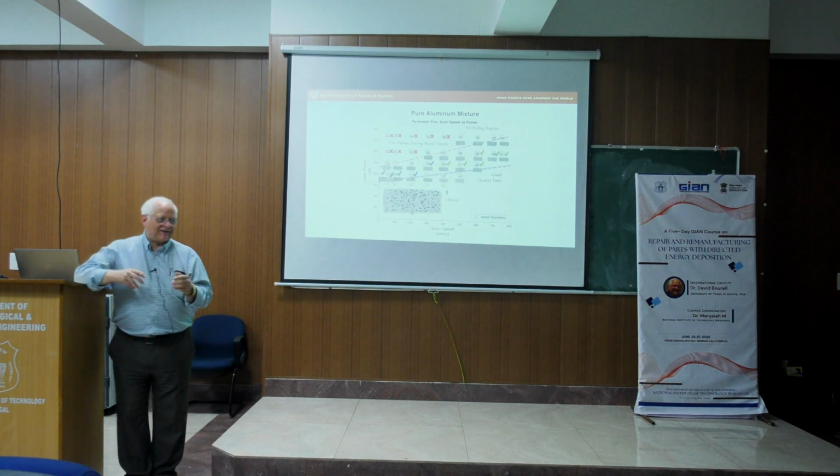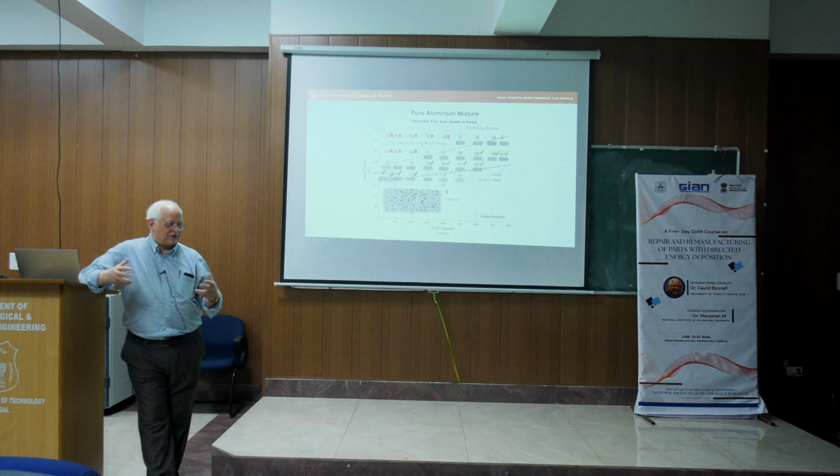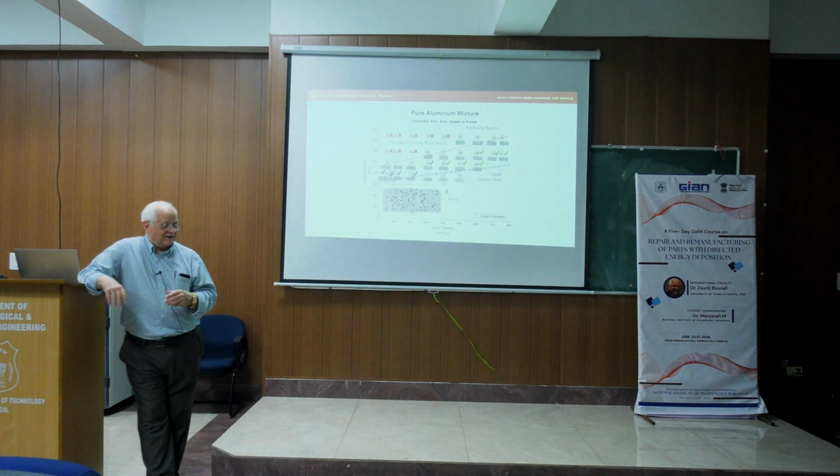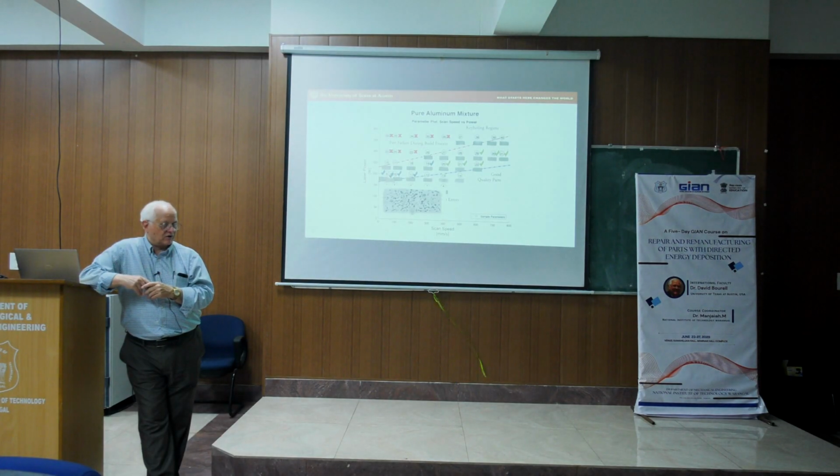Without being able to give very much detail, it turns out that if you can work those rates in additive correctly, it becomes possible to move towards an equiaxed structure, and we can defeat this columnar structure. At least there's a chance of playing that game, and people have done that.